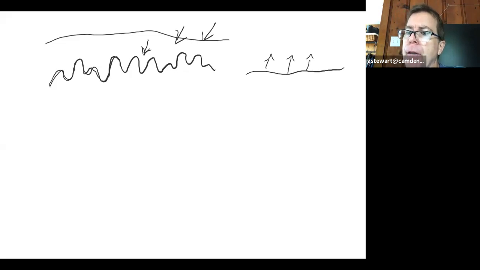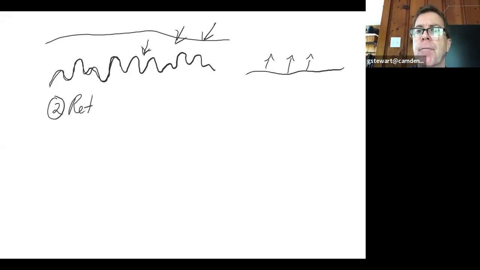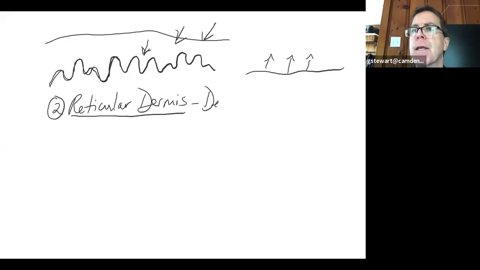Last layer, I'm not going to get through the dermis most likely, but I'm just going to mention layer number 2 of the dermis is called the reticular dermis. First and foremost, this is the deepest layer of the skin.